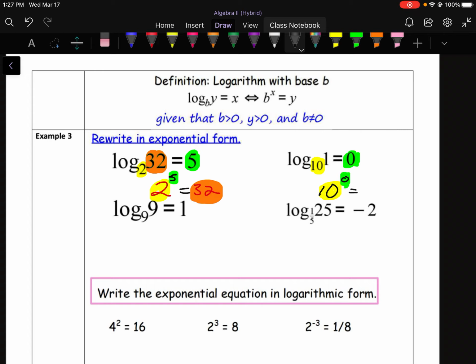That equals whatever number comes after your log. So in this case, it is 1. Another way we could rewrite that is 10 to the 0 equals 1. And hopefully you know that anything to the 0 equals 1.